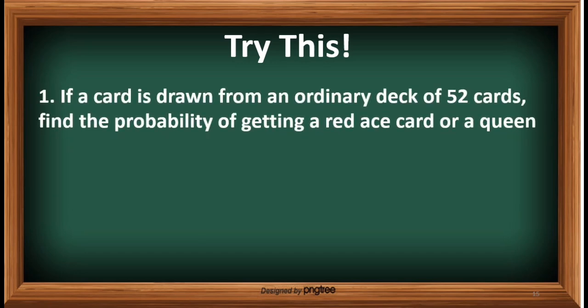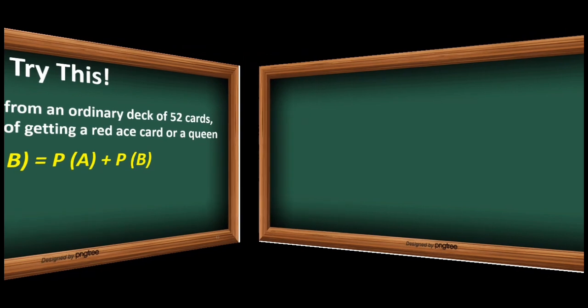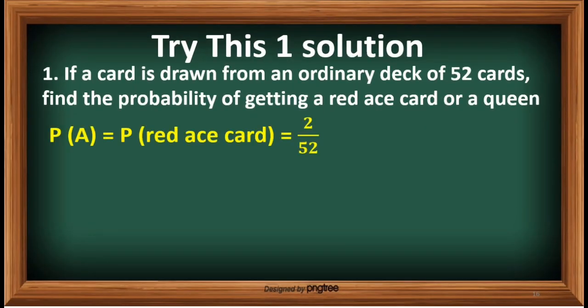For the solution of the try this activity, for question number 1, you may use the probability of A union B is equal to the probability of A plus the probability of B. The probability of A, a red ace card, is equal to 2/52.